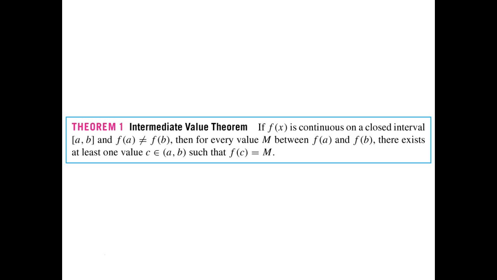They're not the same at the endpoints, but f is continuous everywhere between those values. Then for every value m that's in between f of a and f of b, there exists at least one value c somewhere on this interval a to b, such that f of c is equal to that m. Okay?